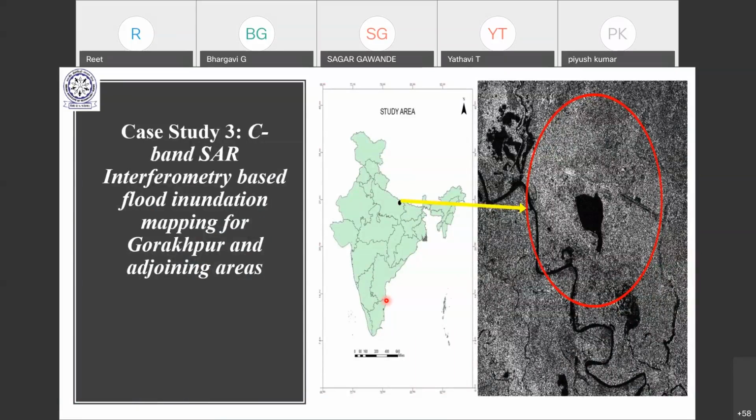Yes, definitely. Whatever the phase change is, we don't study only deflection. We study the phase change. Phase change means how the surface has moved. It may be downward movement, it may be upward movement. So any of those types of movement can be studied using this type of data, the interferometry technique.